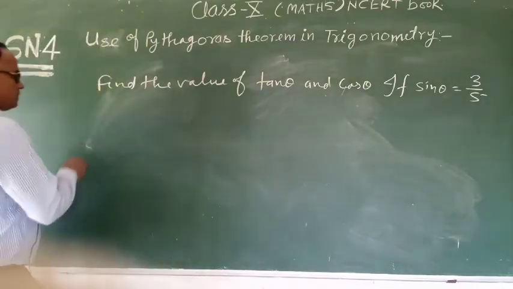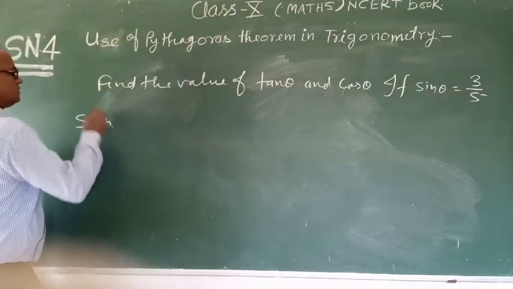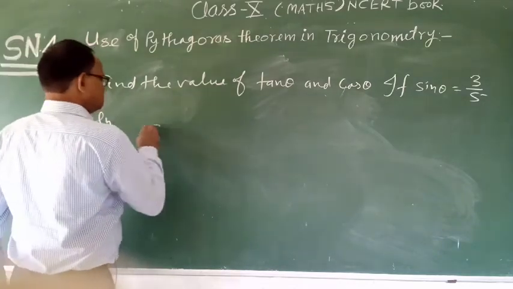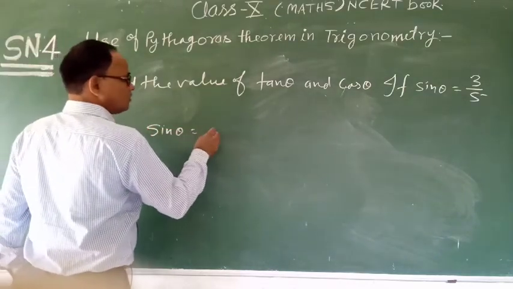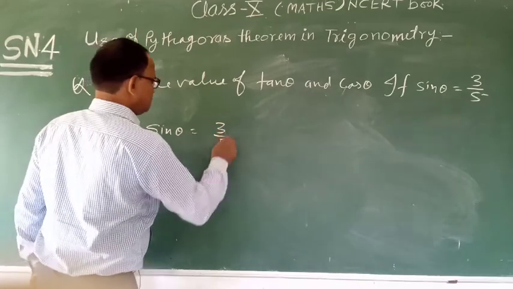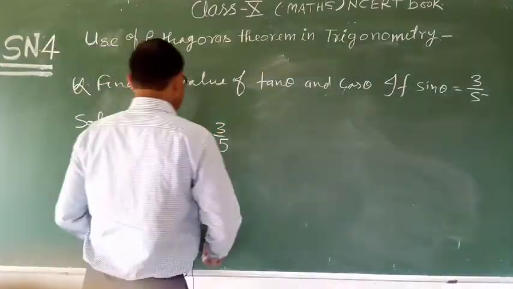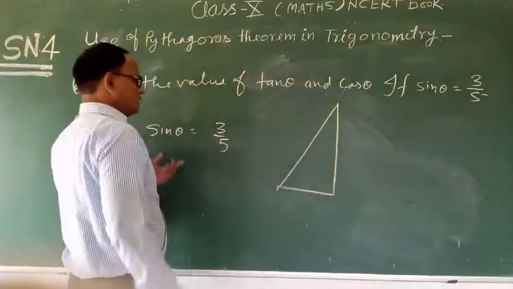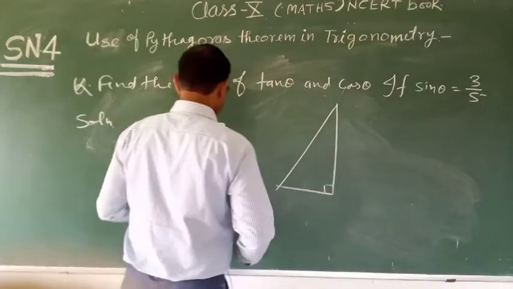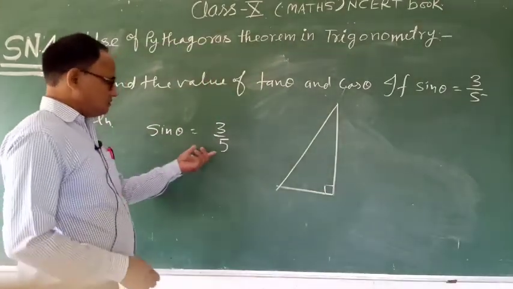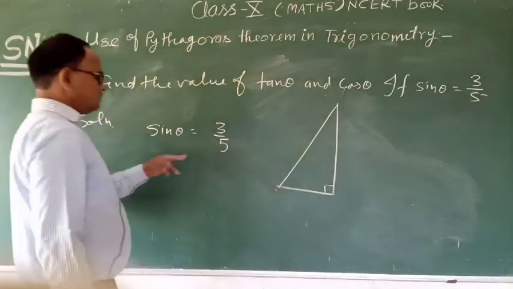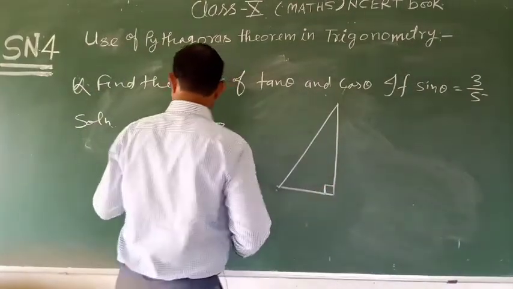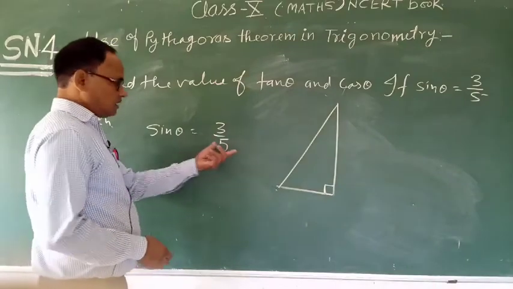Here is the solution for this. Sin theta is equal to 3 by 5, given. Ratios are always shown in a right angle triangle.